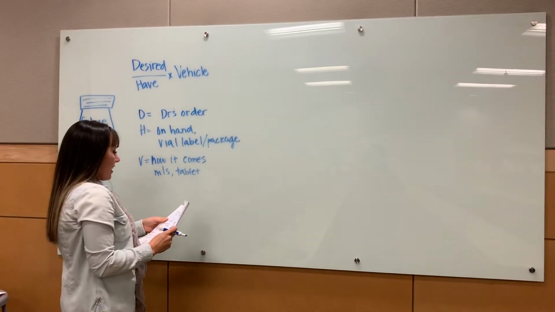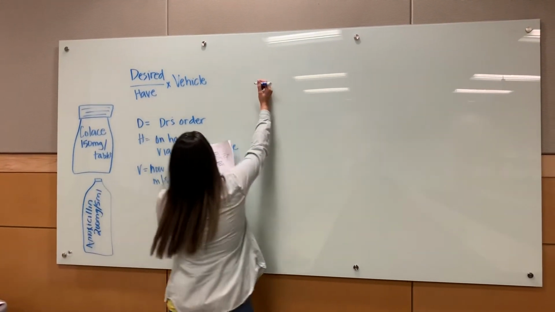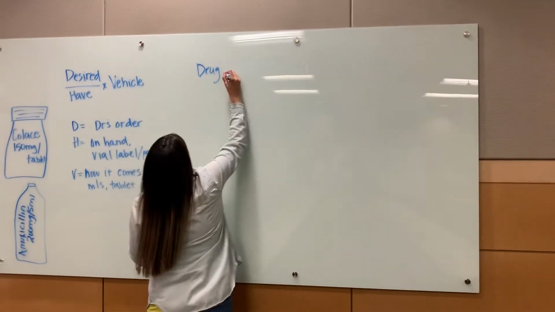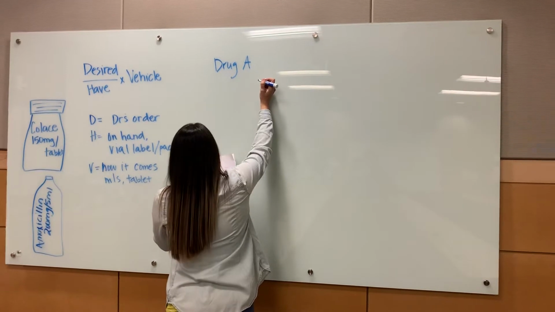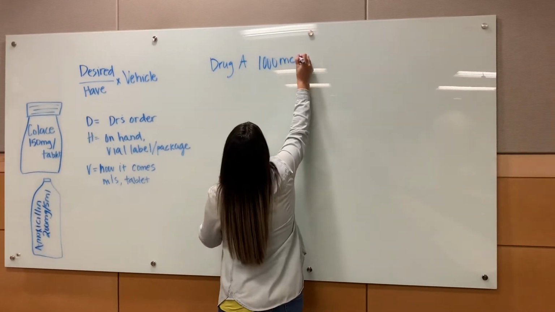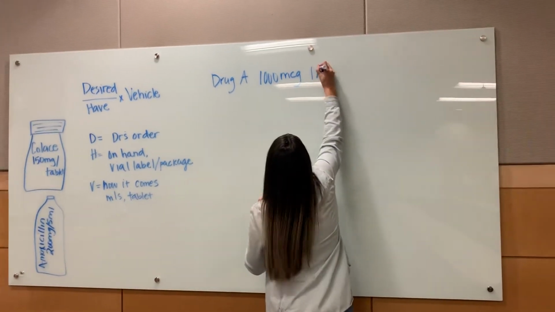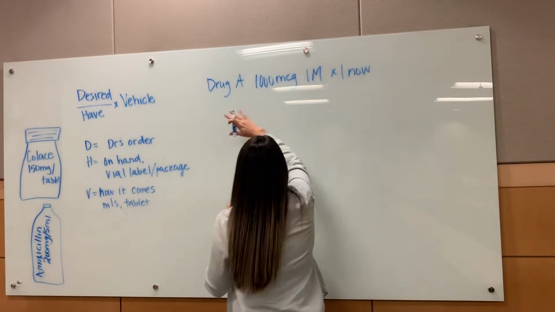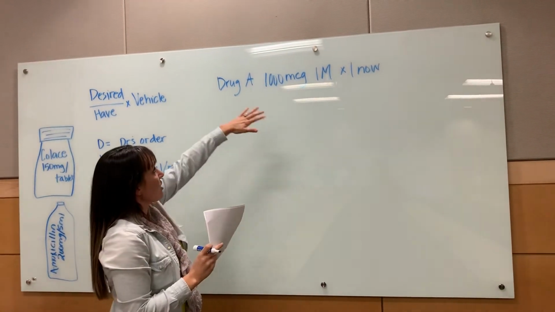Okay? So let's say the doctor's order says drug A, I didn't choose a drug, I'm going to say drug A, 1,000 micrograms, IM times 1 now. Now, we don't really care about all these extra numbers and things.